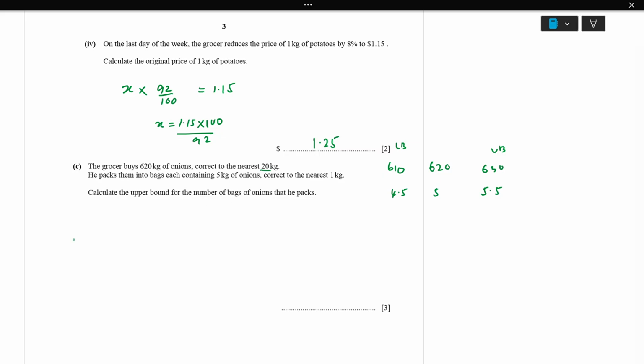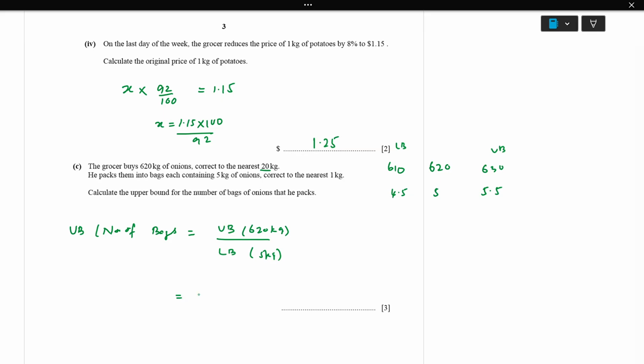To find the maximum number of bags, the upper bound of the number of bags equals the upper bound of the weight, 620, over the lower bound of 5 kg.